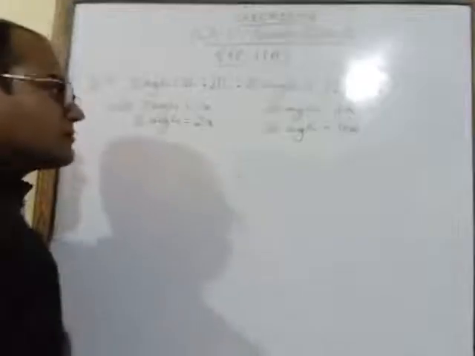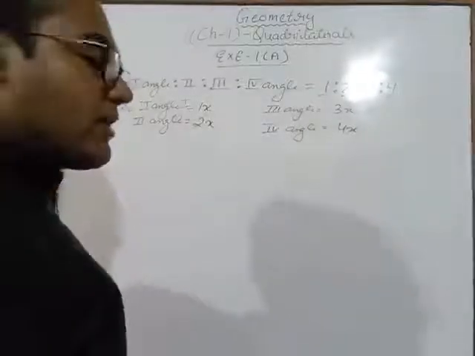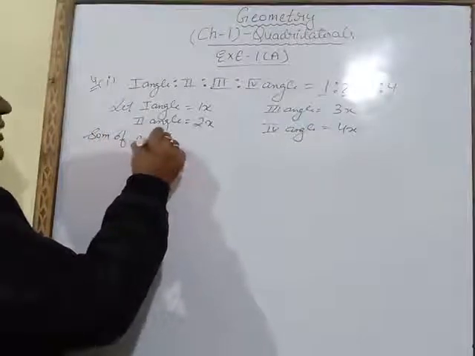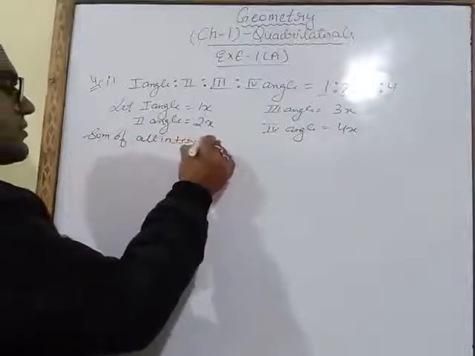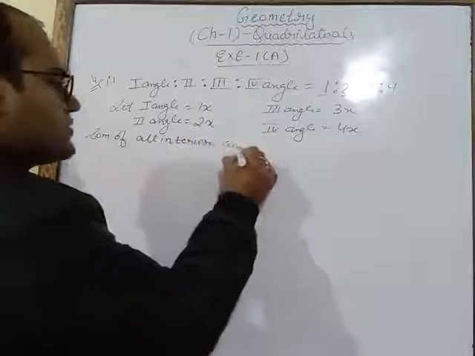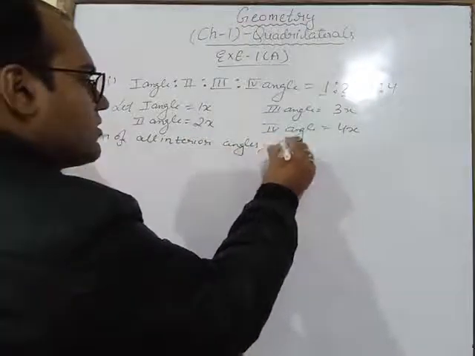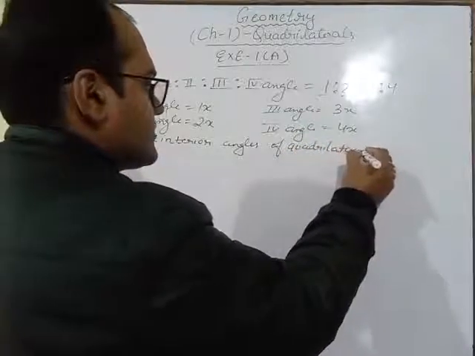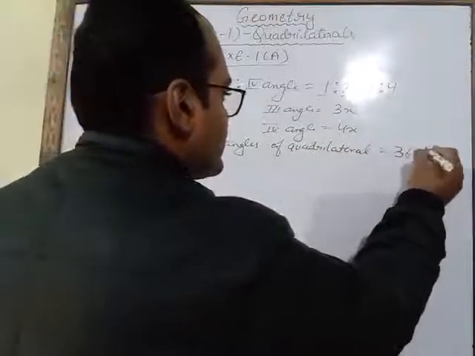After assuming all four angles, we have to use the property that the sum of all interior angles of a quadrilateral is 360 degrees.